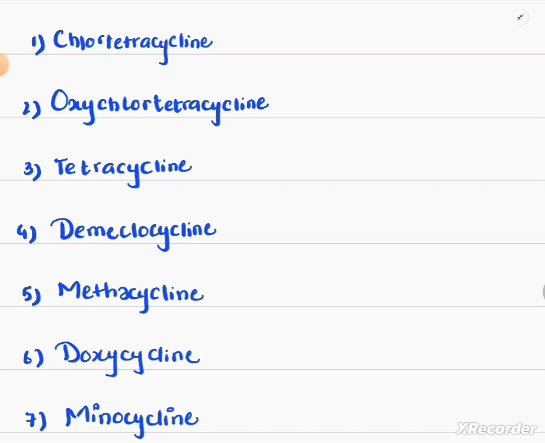Chlortetracycline has an oral absorption of 30%. If you give 100 milligram of this drug, only 30 mg will reach the systemic circulation. The drugs doxycycline and minocycline have approximately 95% absorption, which means that if you give them 100 mg, 95 milligram of the drug will reach the systemic circulation.